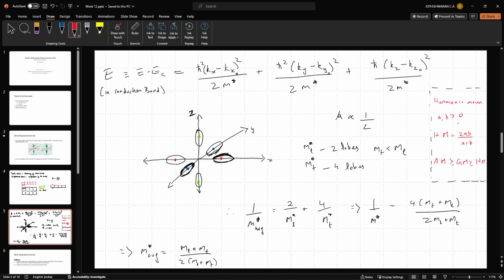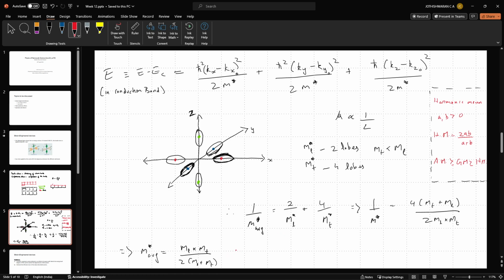So we have a, b greater than 0. Geometric mean is square root of ab, and arithmetic mean is a plus b by 2. This quantity is 1/4 of the harmonic mean, and we can show quite directly that it is lesser than even the longitudinal mass.